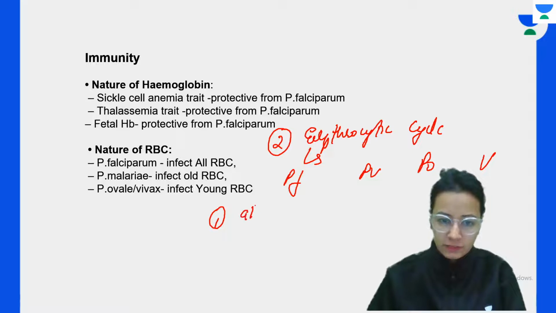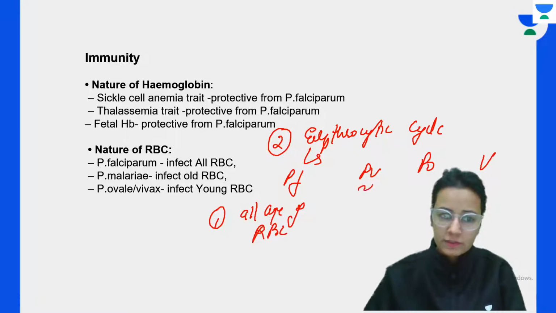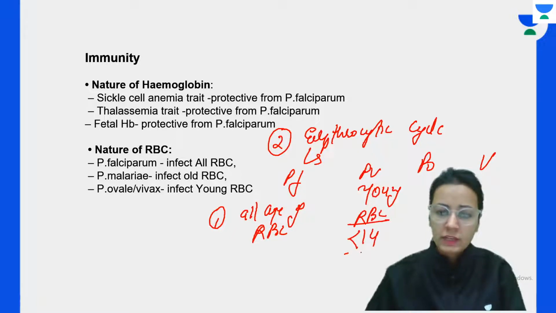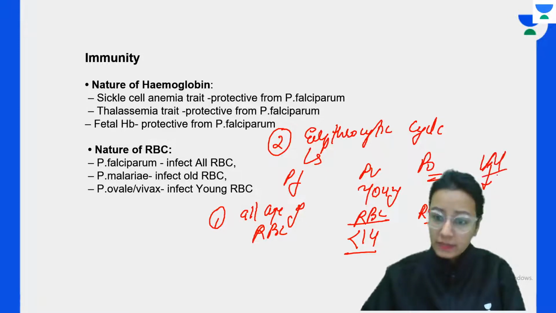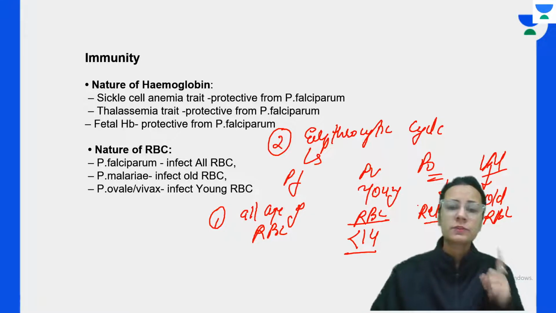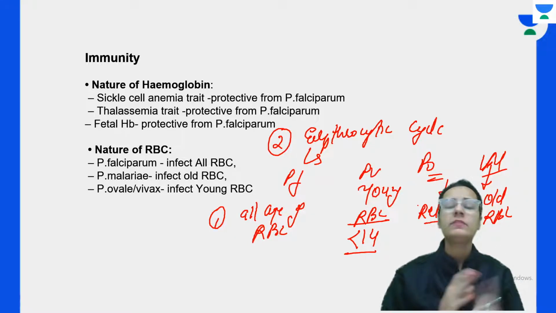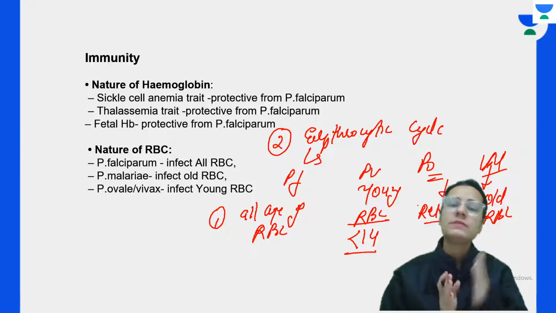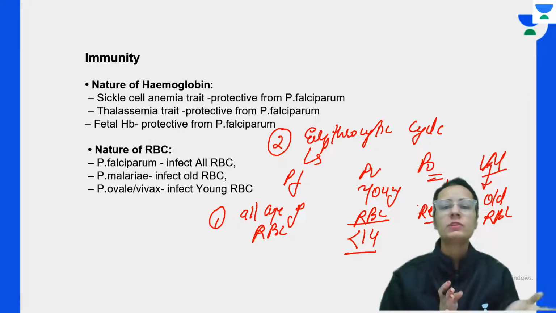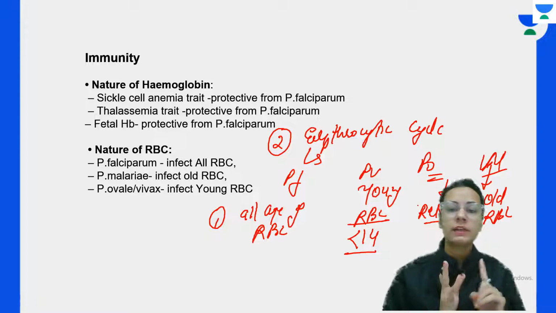The falciparum will invade all ages of RBCs, vivax will invade the young RBCs that are less than 14 days old, the ovale will infect the reticulocytes, and malariae will infect the old RBCs. So first we talked about the exoerythrocytic cycle, where the merozoites form, with 6, 8, 9, and 13 days of duration for the falciparum, vivax, ovale, and malariae.